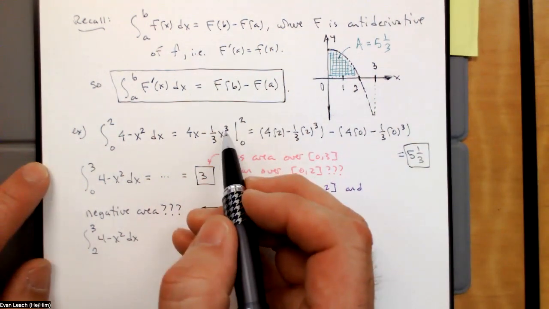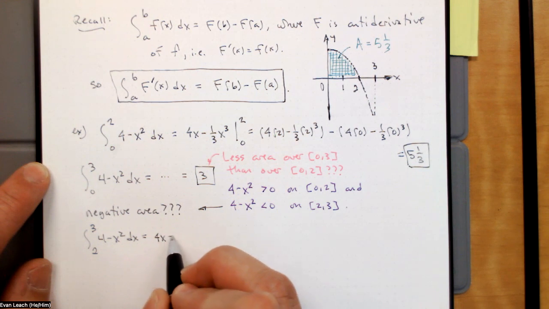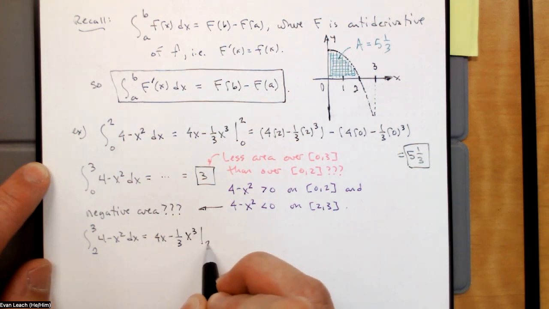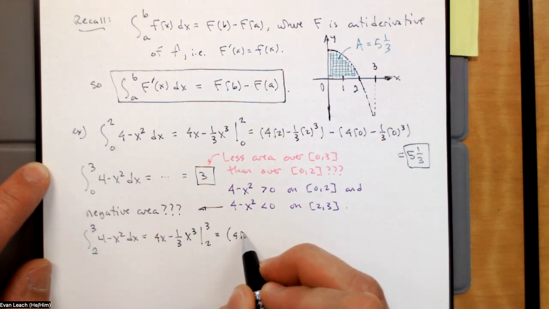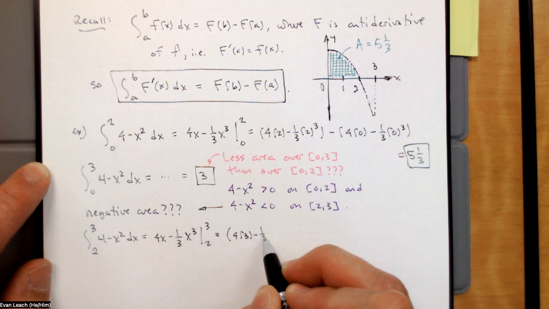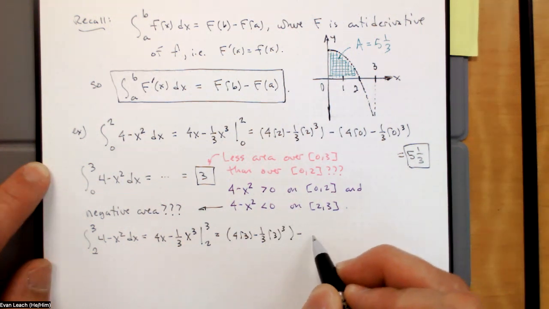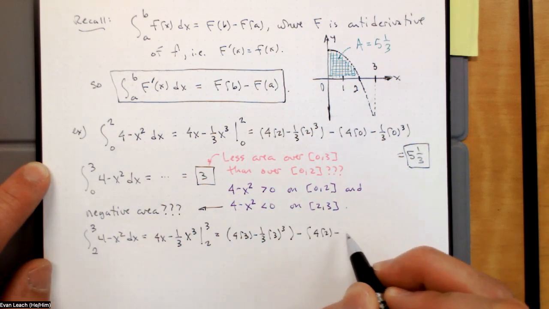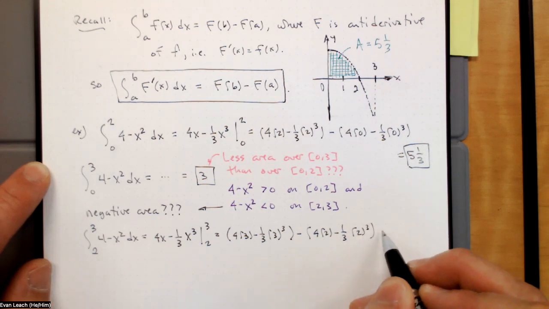We've already got the antiderivative. So we plug in the 3, we get 4 times 3 minus a third of 3 cubed, minus F at a, 4 times 2 minus a third times 2 cubed.